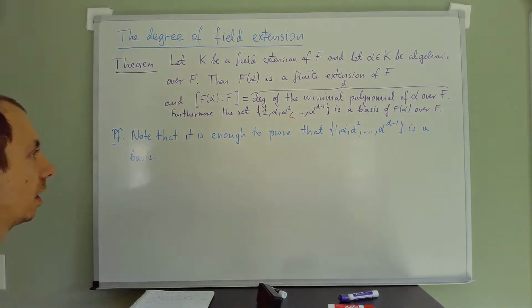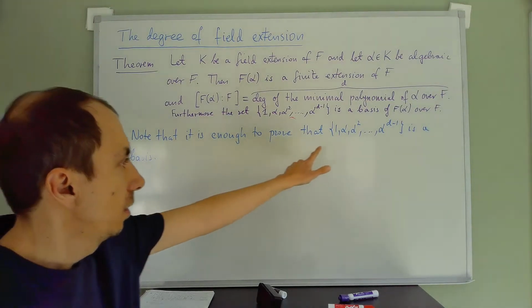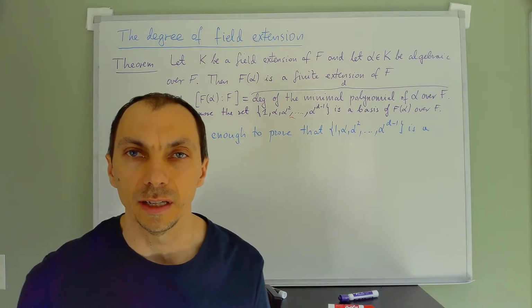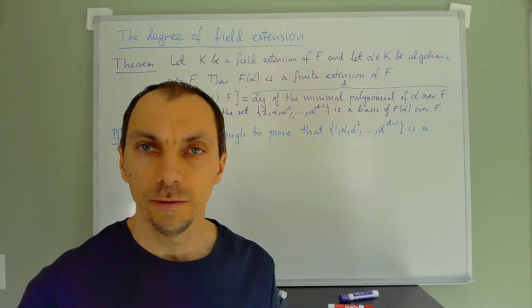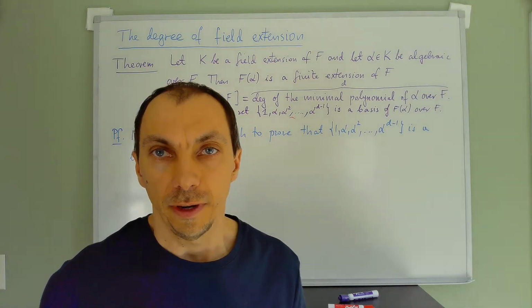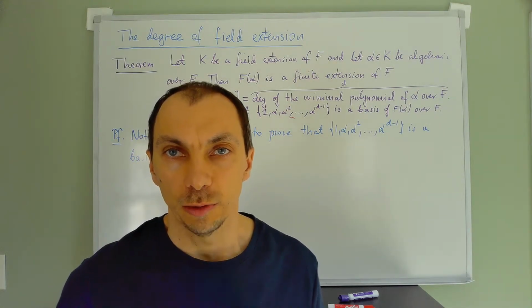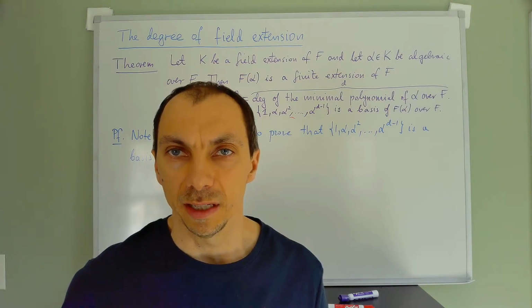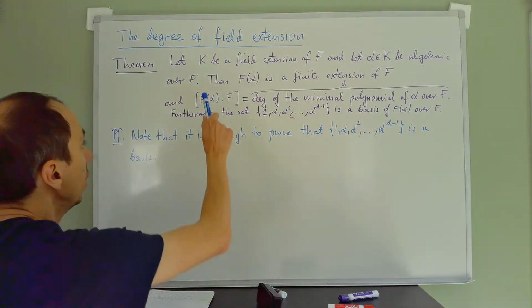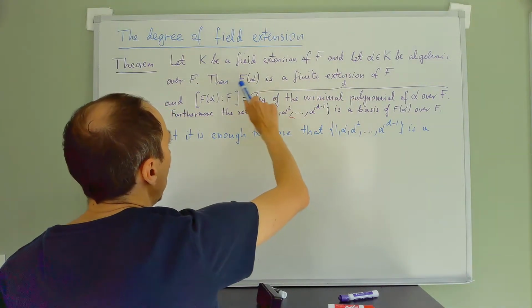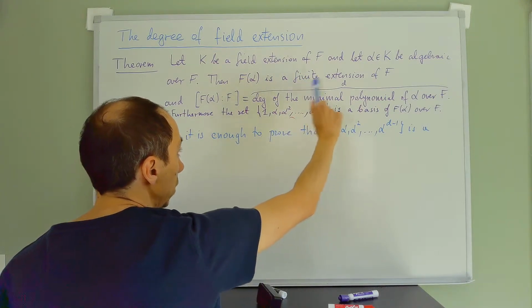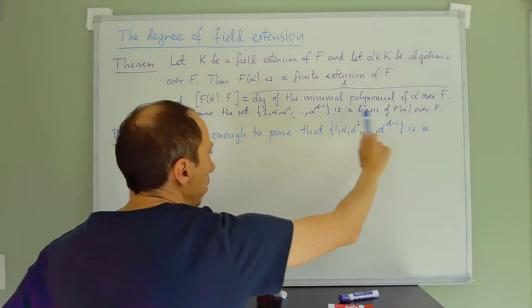Let's check that. If I prove that this is a basis, then how many elements do I have in that basis? Finitely many. So that would mean that F(alpha) has only a finite basis over F, so it's finite dimensional as a vector space over F. So that proves that statement: F(alpha) is a finite extension, meaning finite dimensional over F, because I have a finite basis.